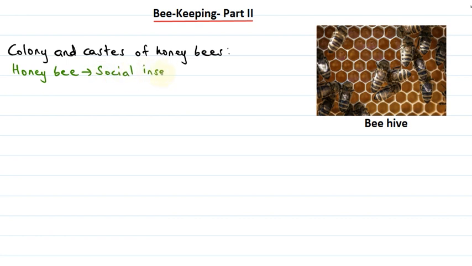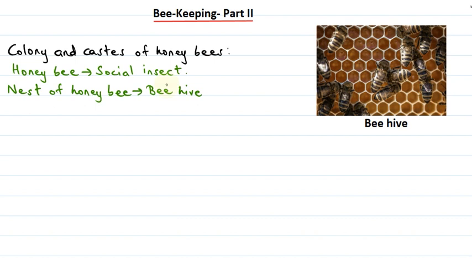This we had already studied in our previous video. And the nest of the honeybee is known as, do you know what it is called? It is known as the beehive.